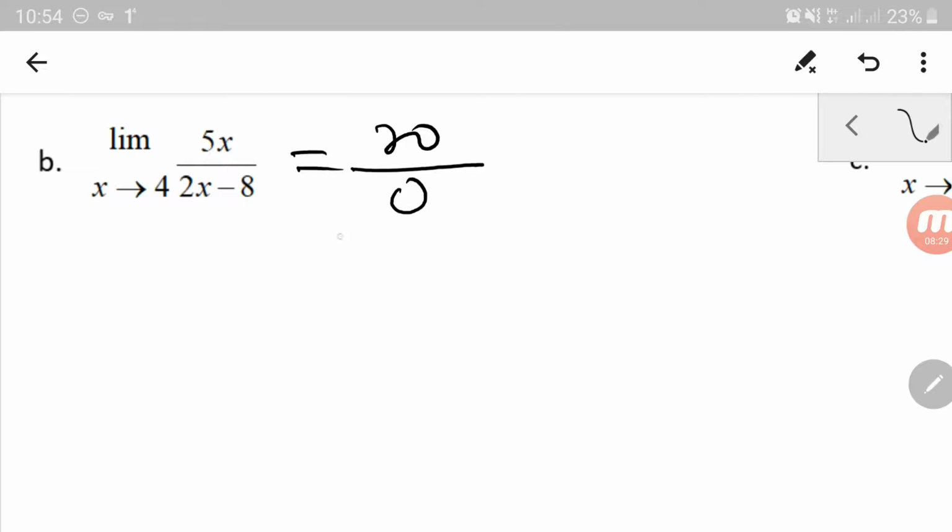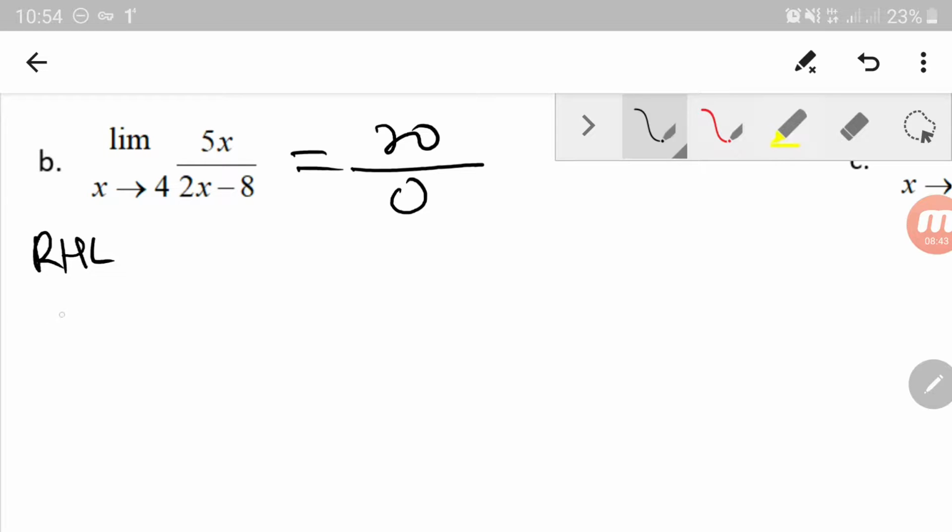So for this one, we have to get the limit as x approaches 4 from the left and as x approaches 4 from the right. So let's get the right hand limit and the left hand limit. Right hand limit: limit as x approaches 4 from the right of 5x over 2x minus 8.